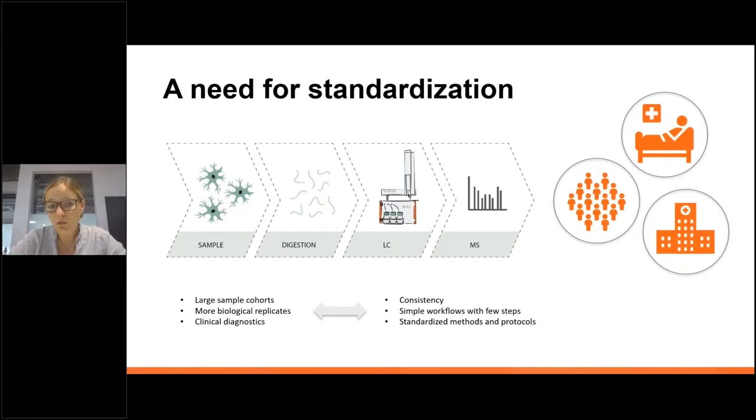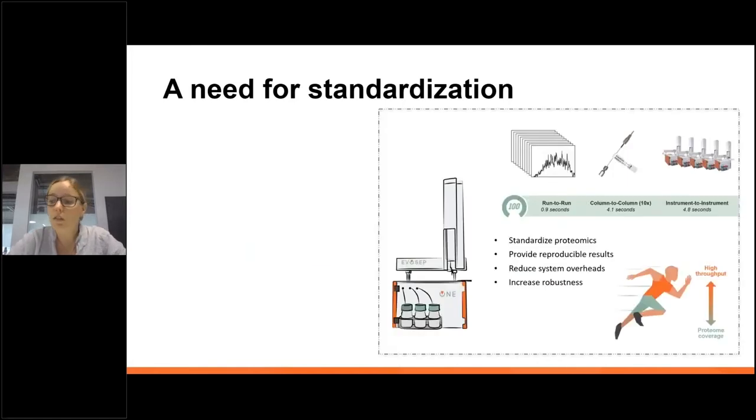And if we want to do this, we need consistency, and we need the workflows to be simple with as few steps as possible, and we will need standardized methods and protocols. And our attempt to standardize proteomics was introducing the Evosep 1, which is really built for standardization and provides reproducible results.